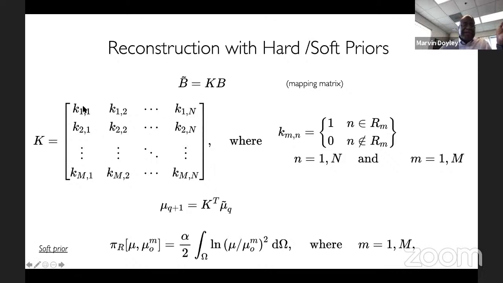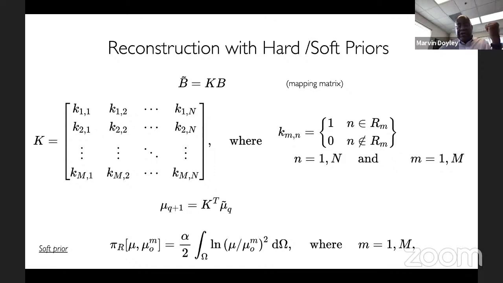It just says, let's say we have two regions or n regions, what pixels belong to what, and then we multiply that by our standard Hessian, and that gives us a reduced Hessian, and then we do everything as before. Right, so that was our soft prior. Once you solve for the soft prior, we apply the transpose of that, multiply by what we get, and it assigns those values back to all the values in our finite element. So it was great.